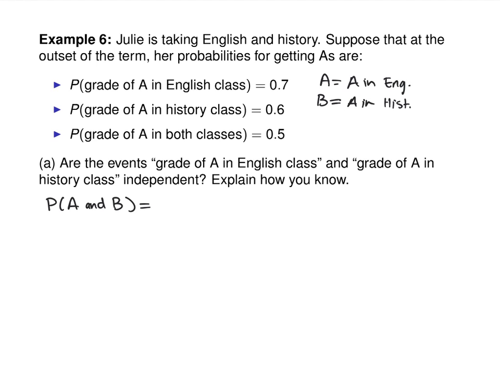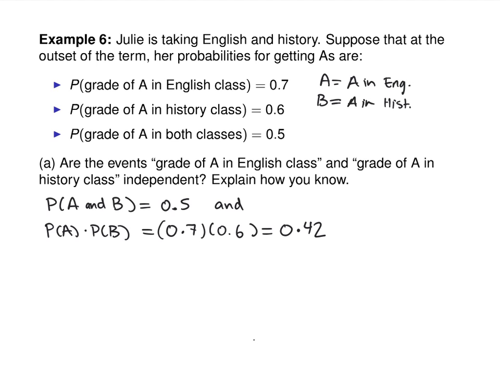Yeah, what is it? 0.5. Okay. And then find P of A times P of B. So what's P of A? 0.7. What's P of B? 0.6, which equals 0.42, right?